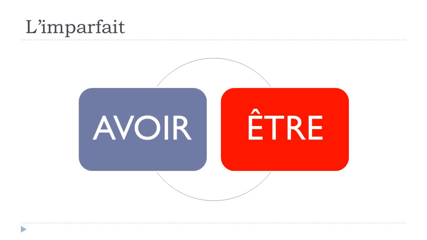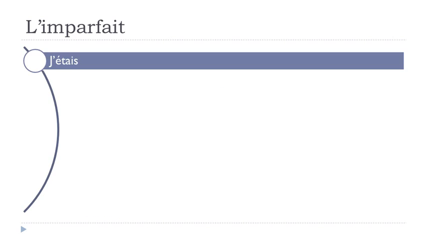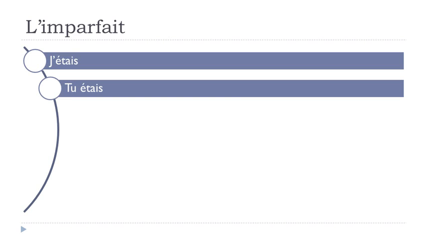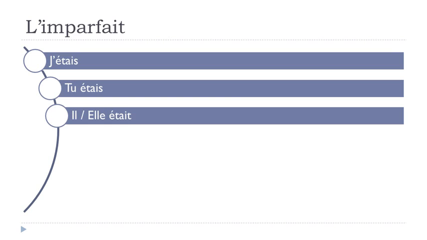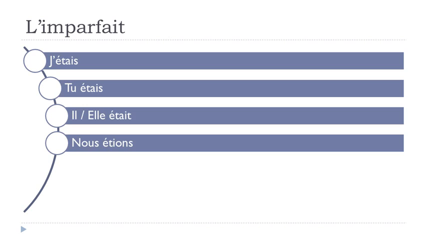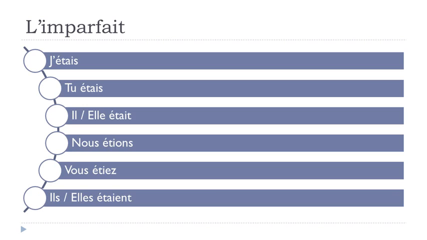And then let's have a look at être. J'étais, tu étais, il était, elle était, nous étions, vous étiez, ils étaient, elles étaient. Okay? Same thing, not that difficult at all, and especially if you want to pronounce it. J'étais, okay? Remember, here we've got accent aigu, so it goes like et, all right?